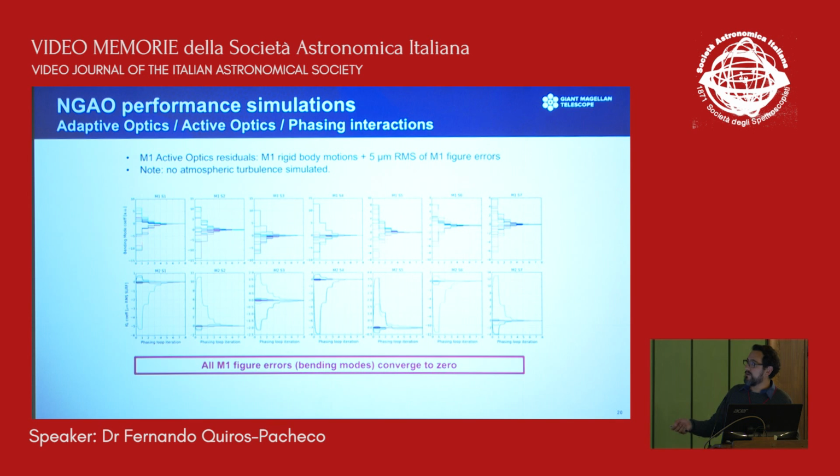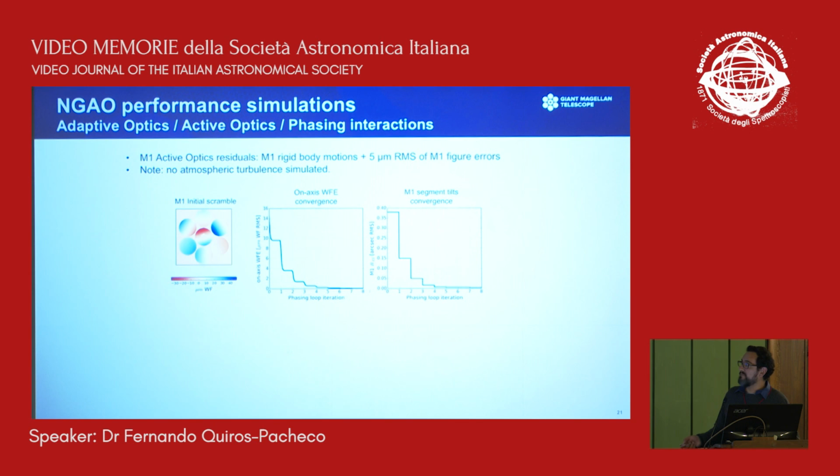You can see how those aberrations on M1 are compensated on axis by the KL modes. But every iteration that you see there, it's the AGWS that is removing the aberrations on M1 so that the M2 is slowly also converging to zero until all aberrations at M1 are removed. And so in this simulation there is no turbulence, just for clarity, and you can see that everything converges to zero.